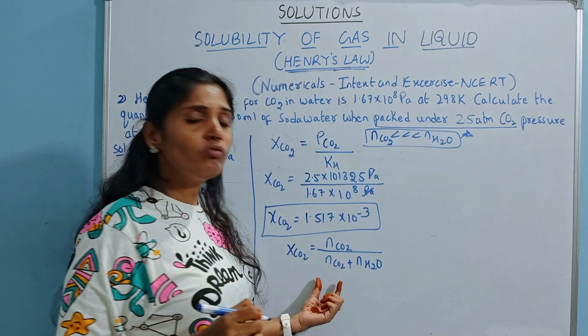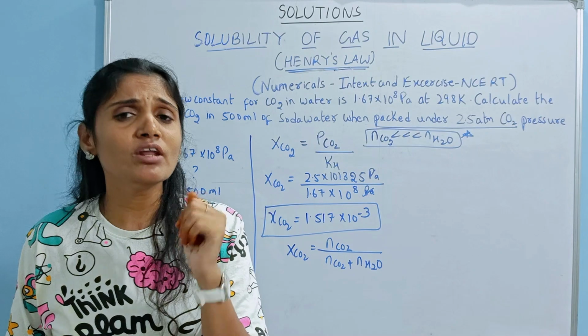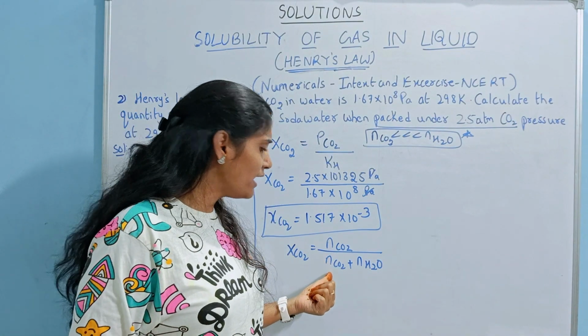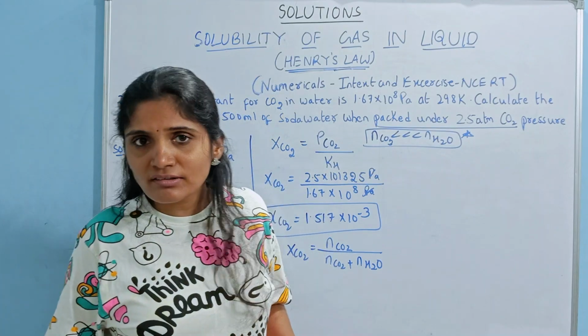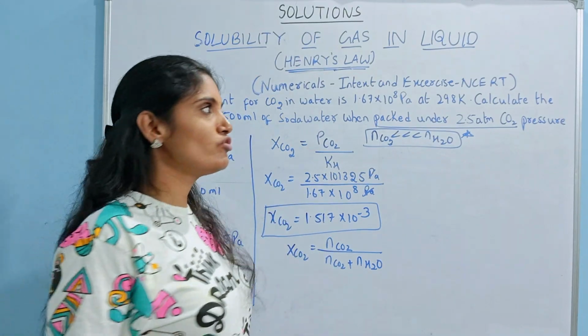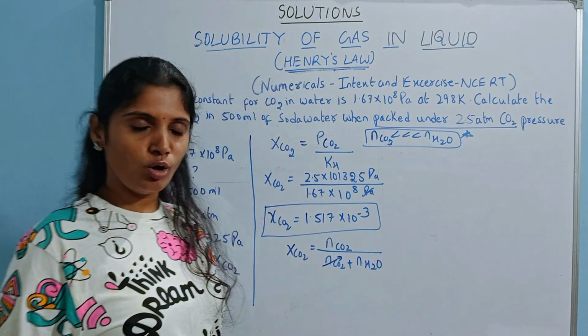Can I ignore that term in the denominator? Because if the term is very small in magnitude, it doesn't make much difference to our final answer. So I will ignore the number of moles of CO2 from the denominator.